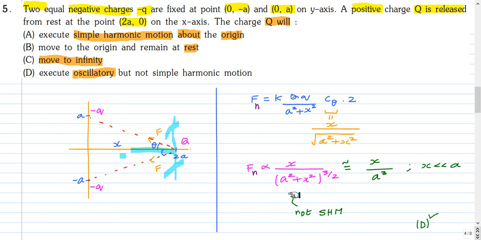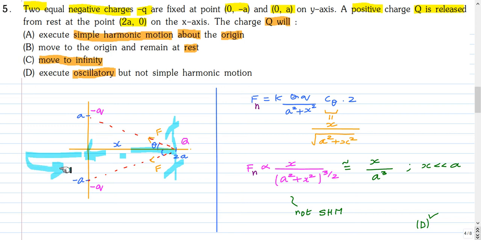but far away from the origin, the force is not linearly varying as x, so it is not an SHM motion, but the motion will be oscillatory, because as soon as the particle reaches here, it will have some velocity, and because of that velocity, it will continue to move towards left. So it will move in this direction until it reaches A, and then it will turn back.